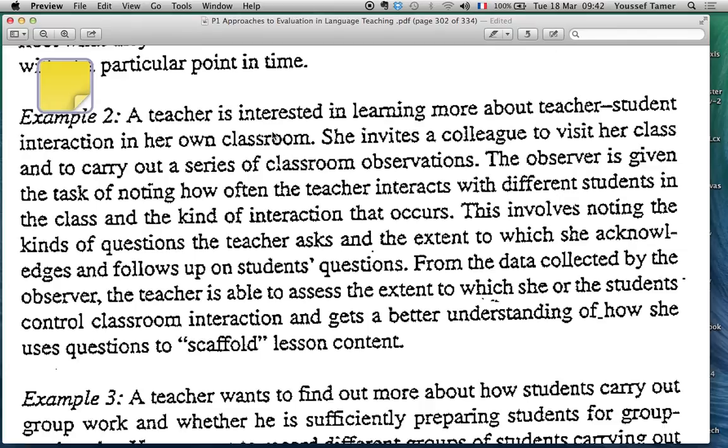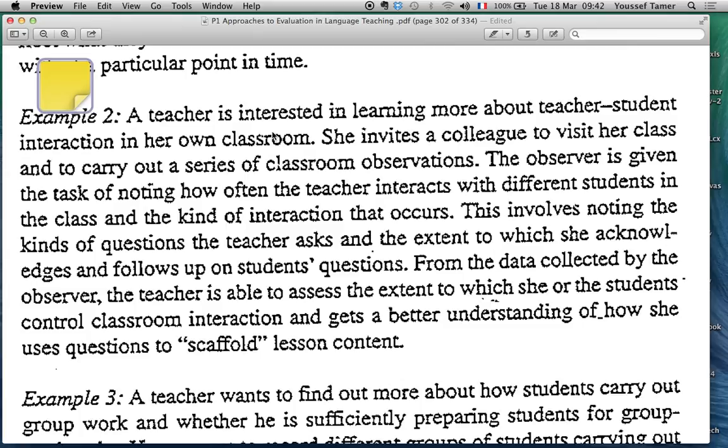So from data collected, the teacher wants to know the patterns of her interaction with the students, to see from the observer's perspective.